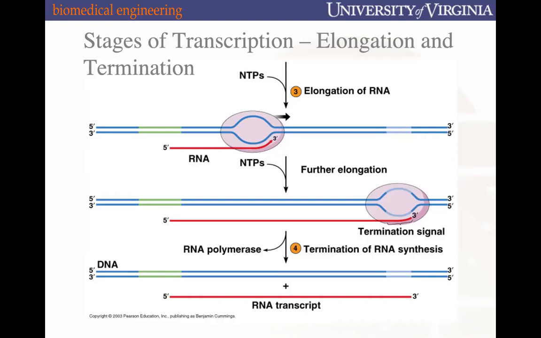That code, and what happens to the RNA transcript, prompts RNA polymerase to release, undock, and leave the DNA, ending transcription. And you'll be left with what we call the pre-mRNA.